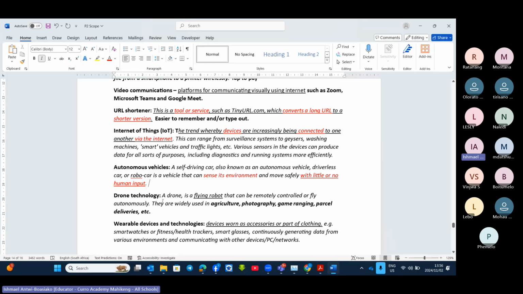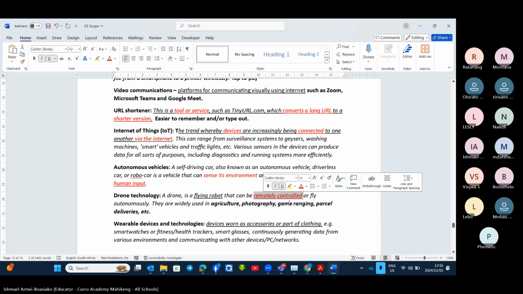Right, now the drone technology. You should also know what a drone is, which we normally call a flying robot that can be controlled remotely.